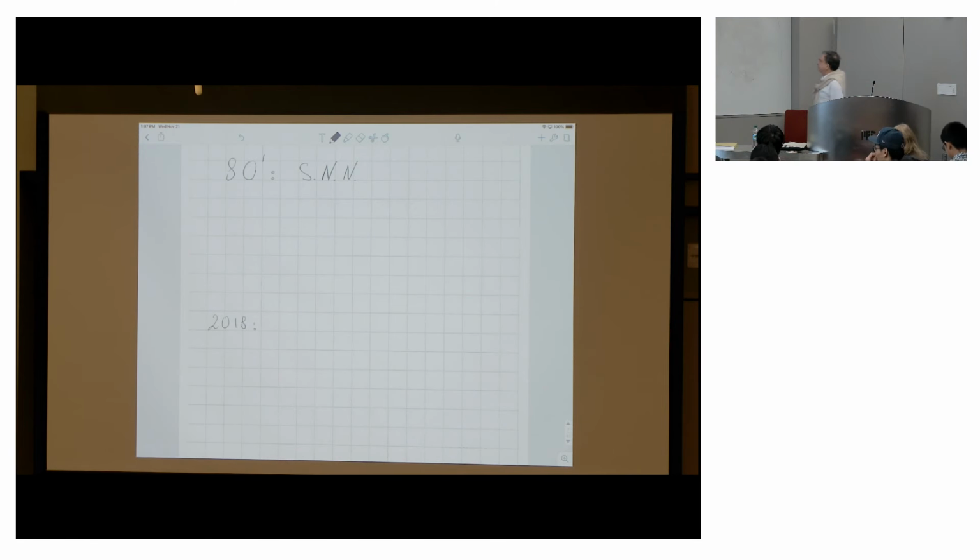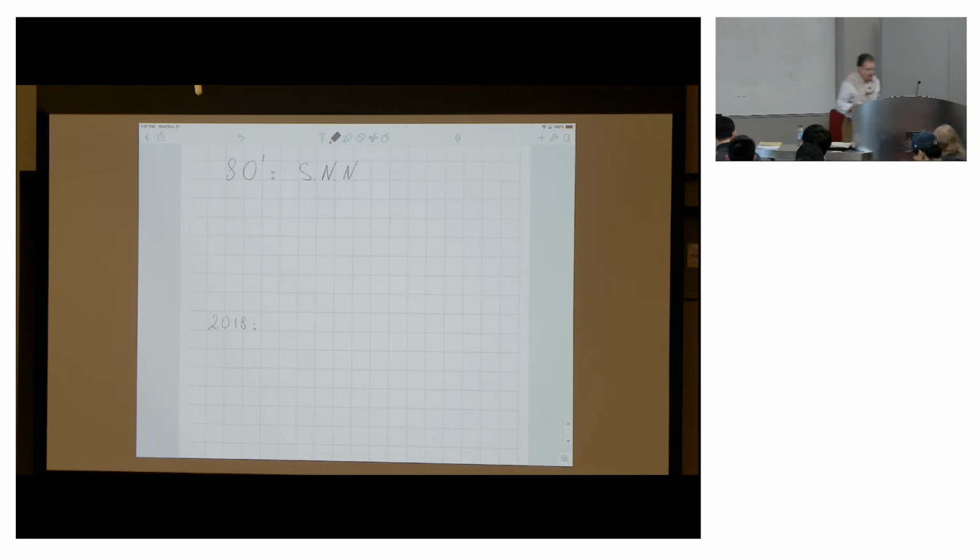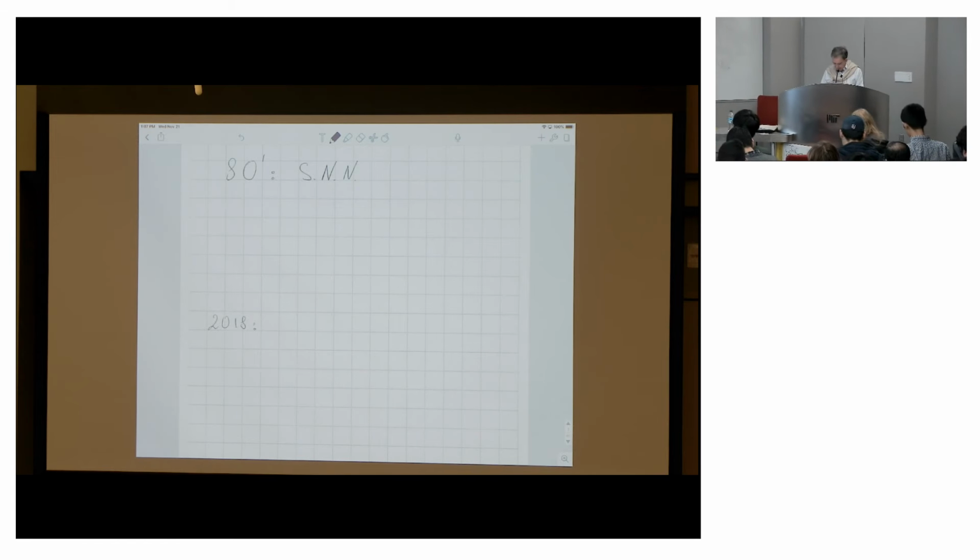And then now in 2018, the shallow neural networks have just disappeared.